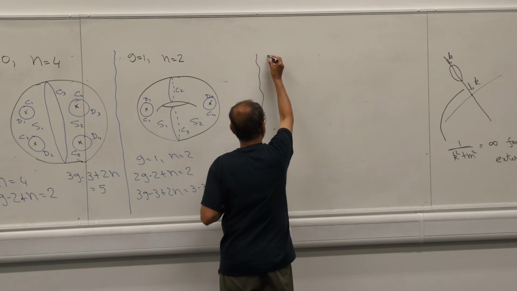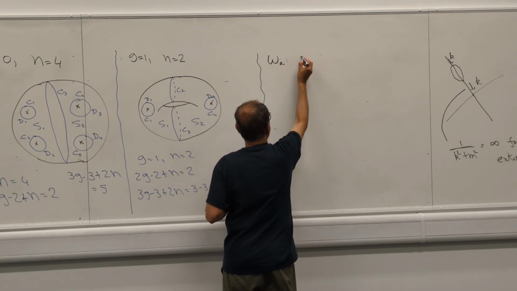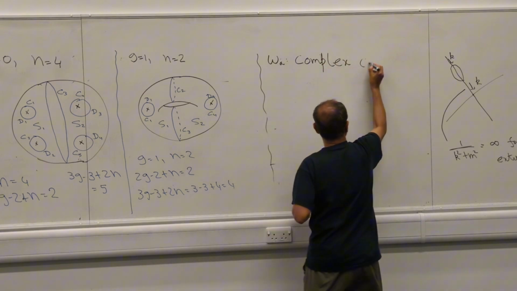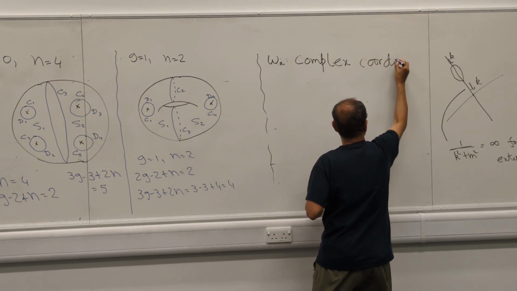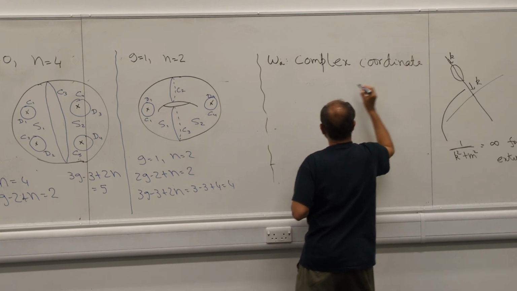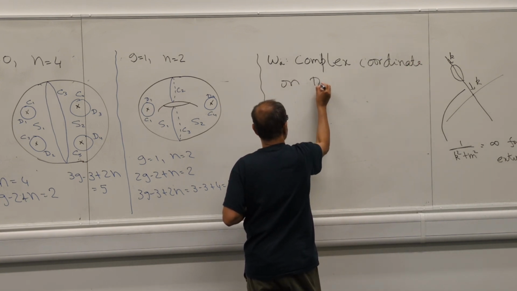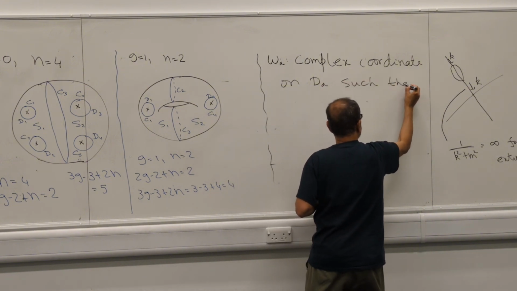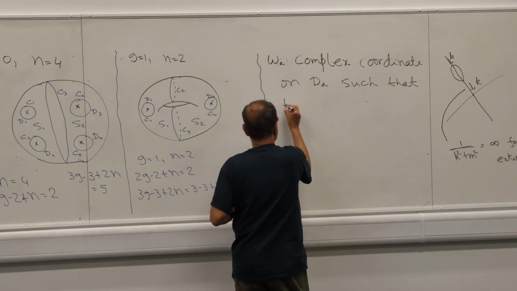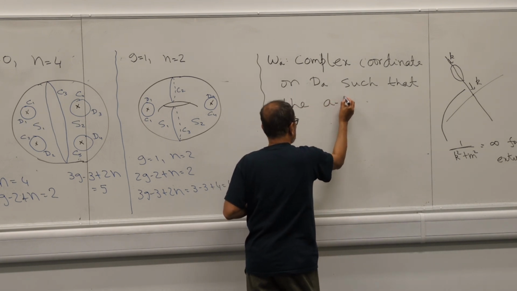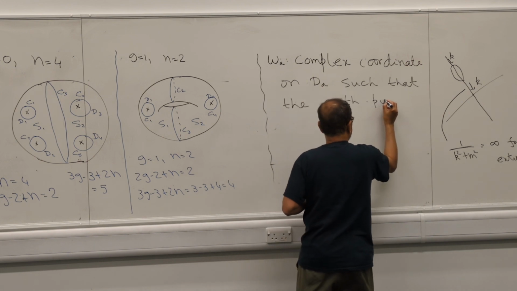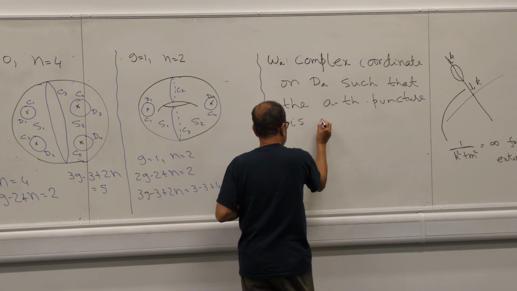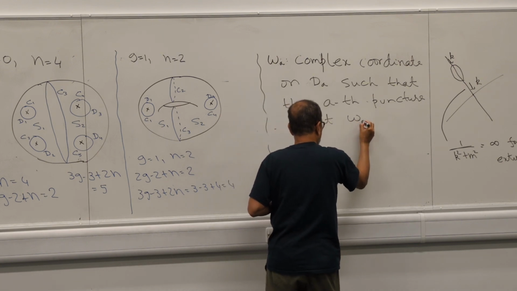So we'll introduce coordinates. So WA will be the complex coordinate on DA, such that the Ath puncture is at WA equal to 0.